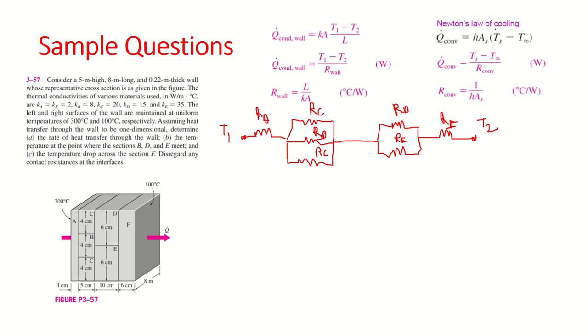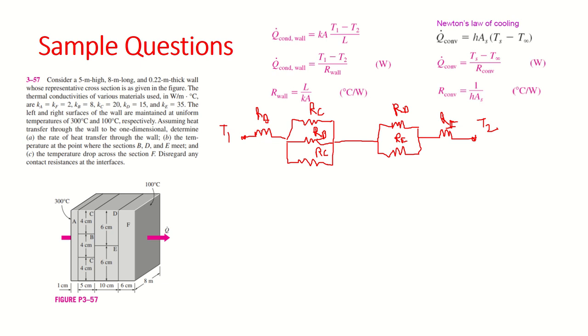And from Newton's law of cooling, for convection, Q dot convection is equal to h A_s (Ts minus T infinity), which is Ts minus T infinity over R convection, and R convection is 1 over h A_s.